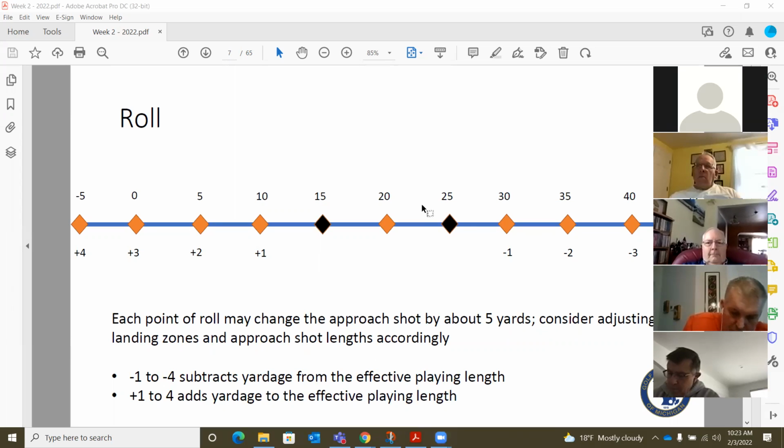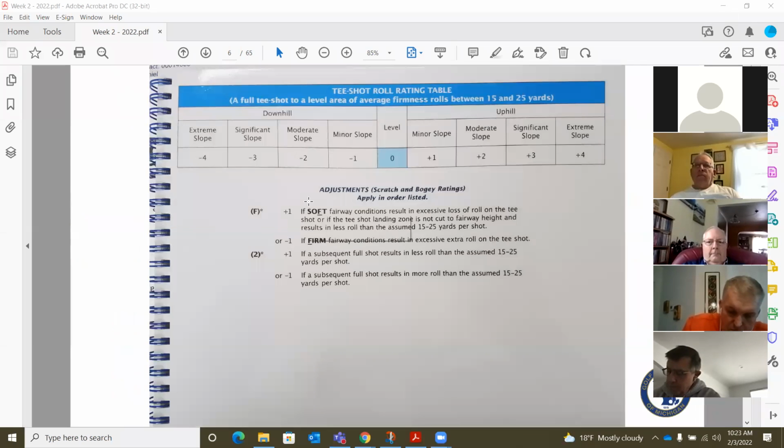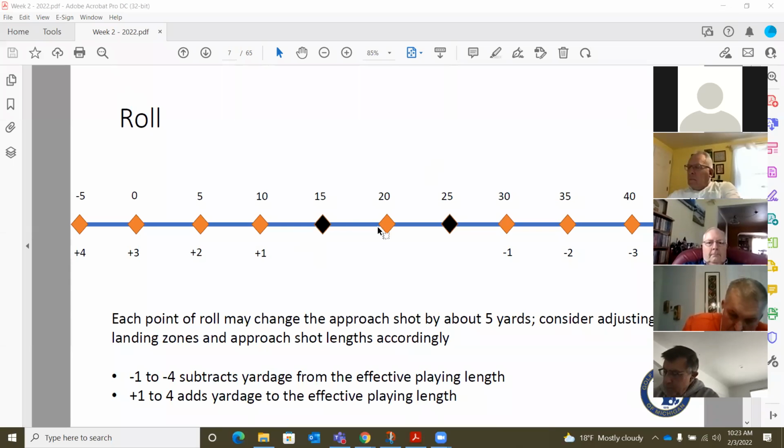Yep. So just running through a couple more examples. When we go back to our chart and we're putting a +2 down for our full tee shot, we're saying that the ball is going to hit the ground and only roll 5 yards. If we went to a +4, at that point, we're saying that the ball literally hits and rolls backwards.